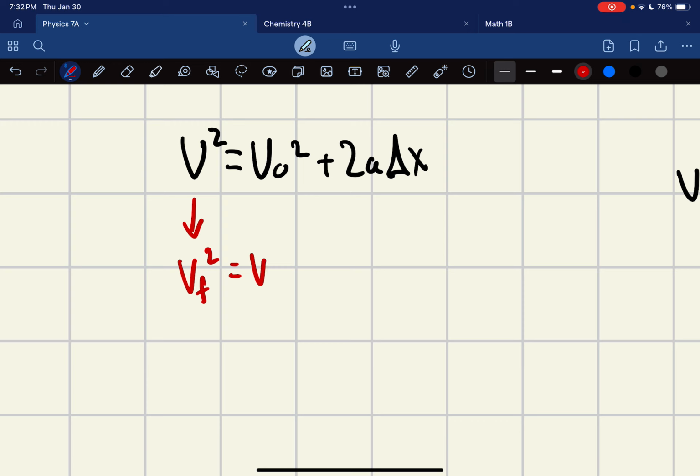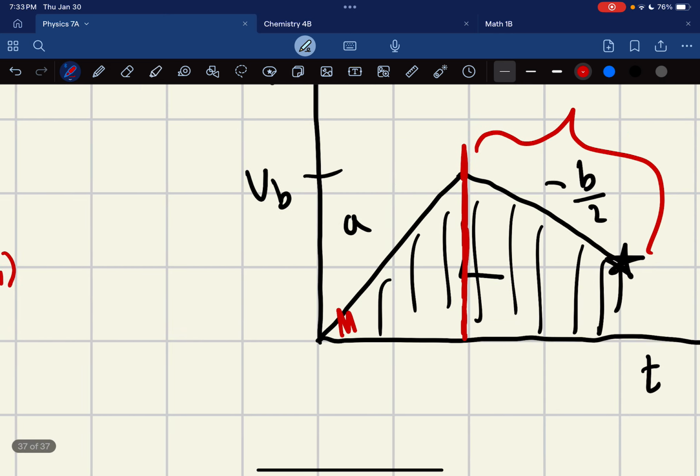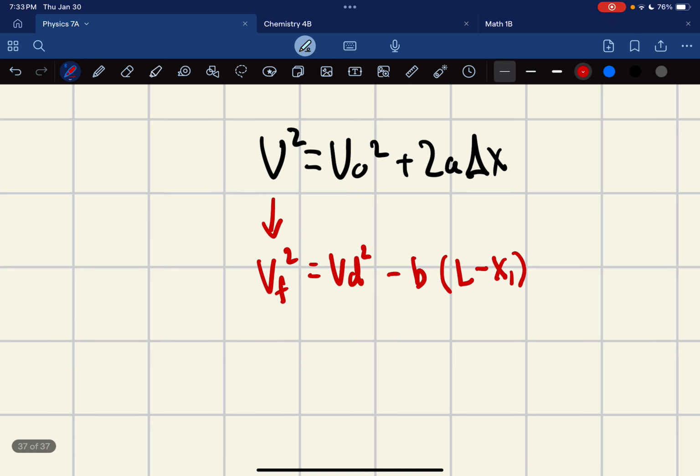Our initial velocity will be VD. I'll write it correctly this time. Our acceleration on this half is one half b times 2, which is just b. The delta x is going to be L minus some x1, and by x1, I mean the area under this part of the curve.